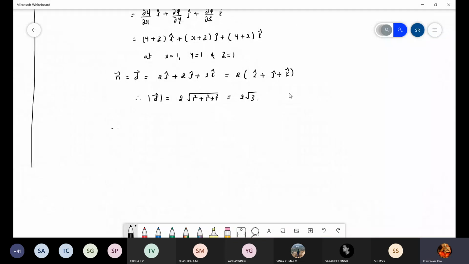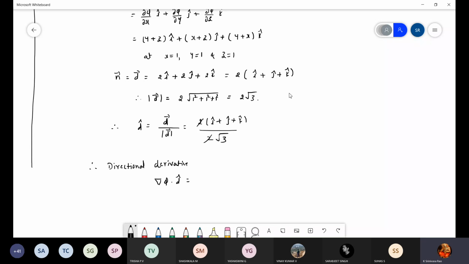Therefore, d cap equals vector d divided by its magnitude. That is equal to 2 times i plus j plus k divided by 2 root 3. Here the 2 cancels, and the remaining term you can substitute. So finally, the directional derivative is grad phi dot d cap.